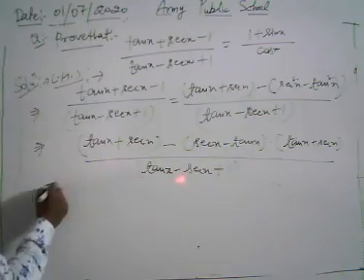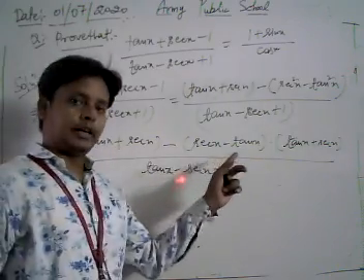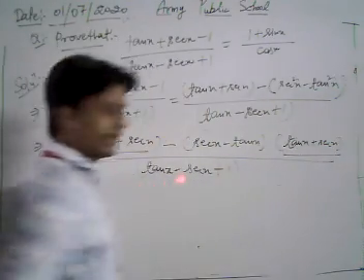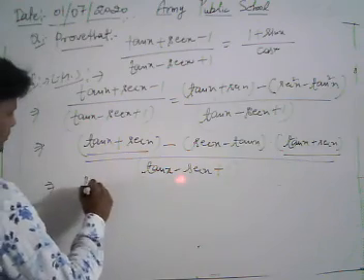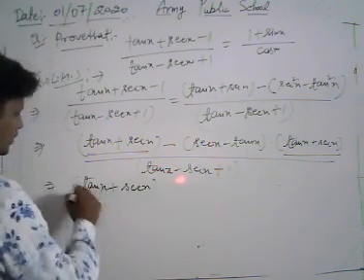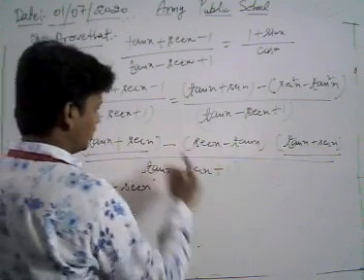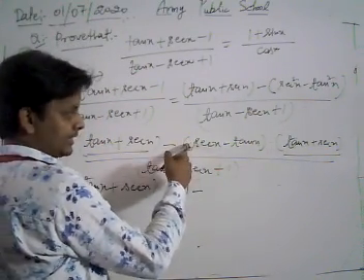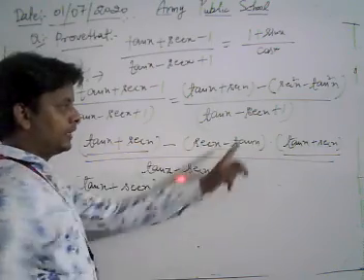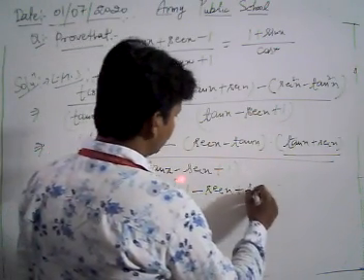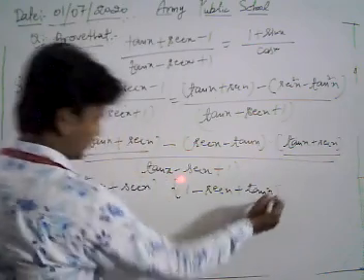Now here in the numerator we take common tan x + sec x. We get 1 minus (sec x − tan x), and if we break this bracket then we get minus sec x, and minus minus plus tan x, so we get 1 − sec x + tan x.